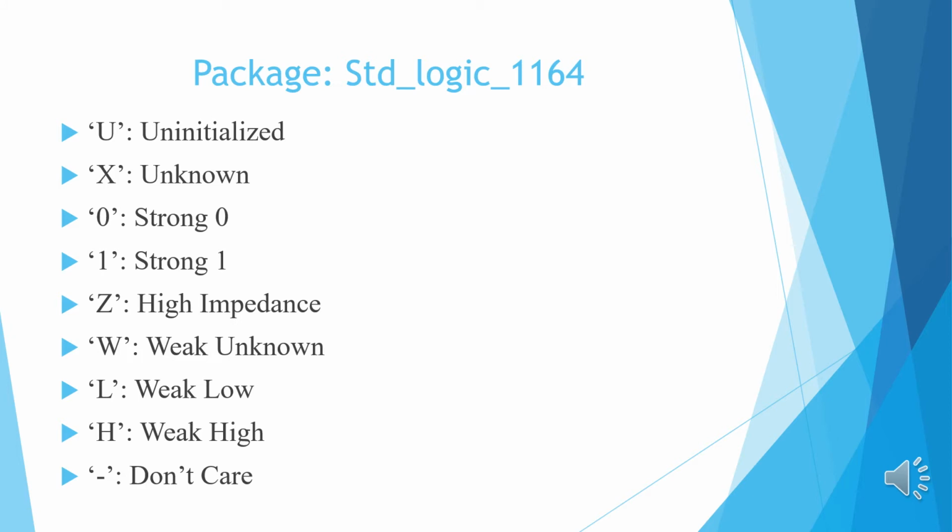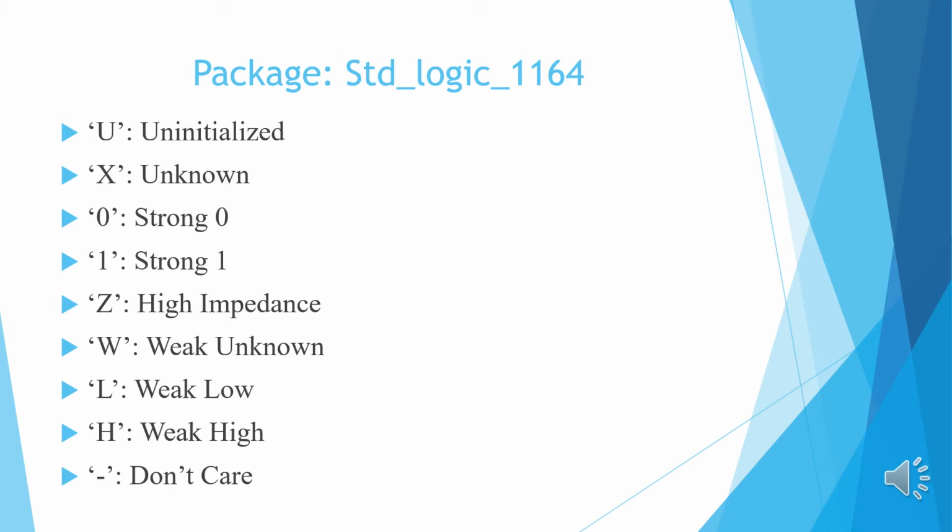Standard underscore logic underscore 1164 package supports multi-valued logic, scalar standard logic, and its vector version standard underscore logic underscore vector. When we define our data type as a bit, it has only two values, either 0 or 1.